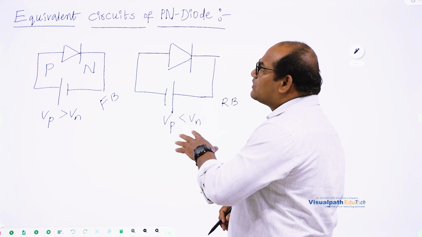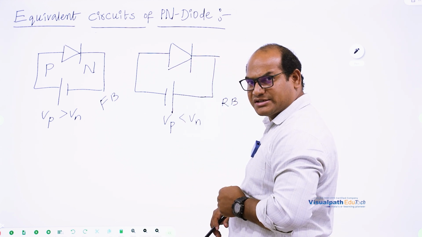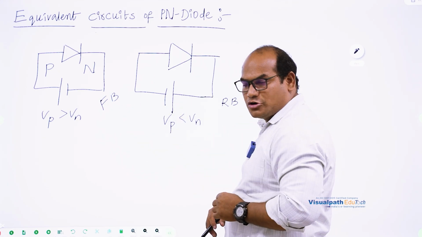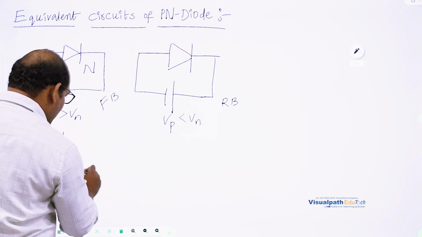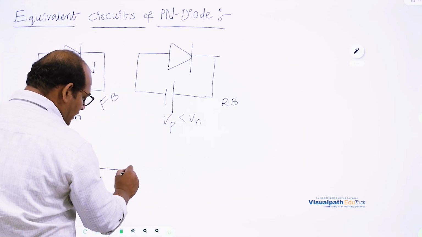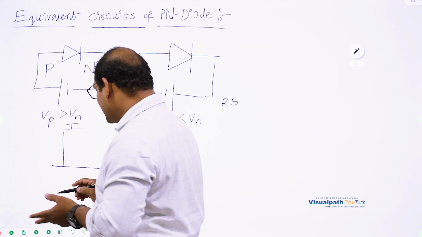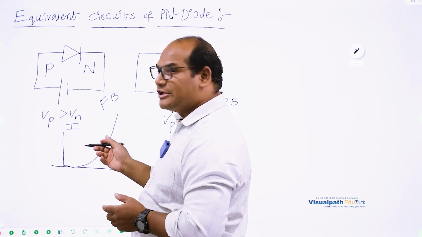So now our topic is about getting the equivalent circuits of the PN junction diode in forward bias and in reverse bias. In forward bias, we have already seen the characteristics of the PN junction diode. If you take voltage on the x-axis and current on the y-axis, then we get the exponential characteristics for the diode, like this.